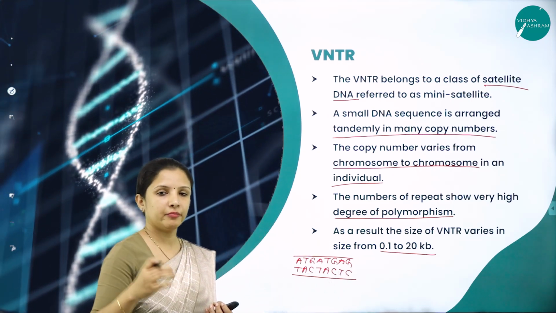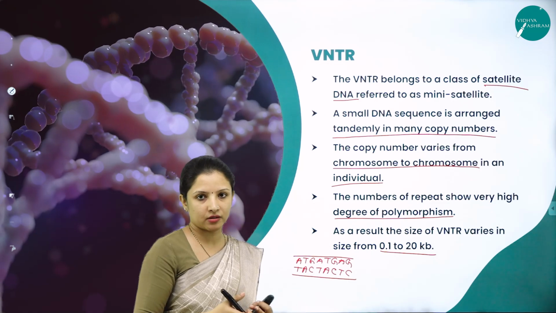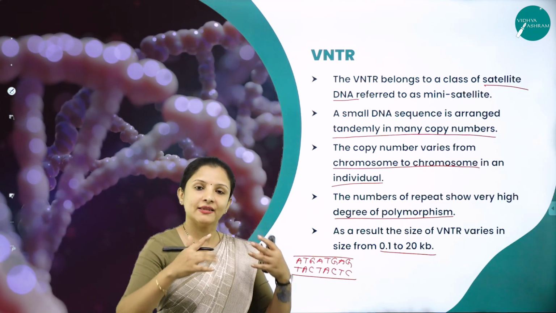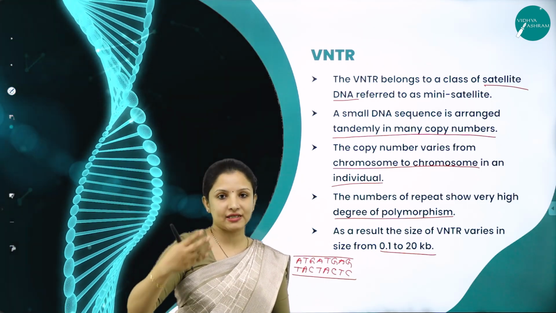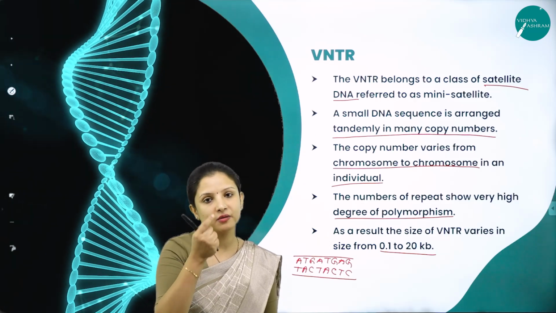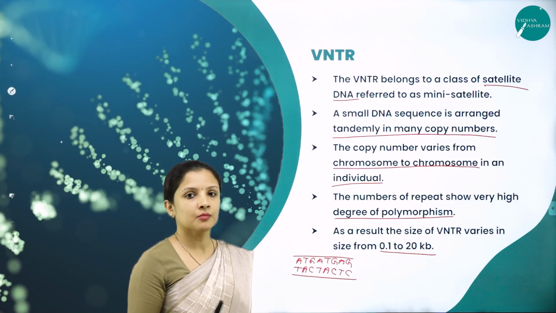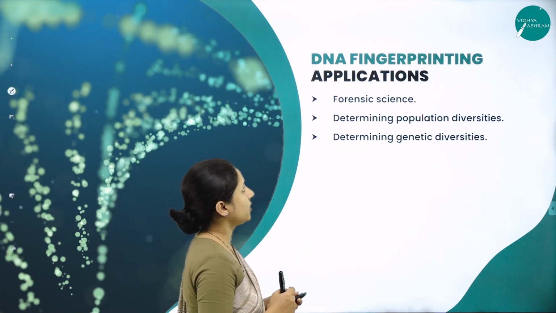When we send the complementary probe, it will go and bind there, because complementary strands bind. Such probes will be designed, n number of probes, and whichever is complementary will bind there, and therefore it will fluoresce or emit some radiation or color. That will be sequenced again, and then they will find out the number of repetitions that are there. So this is about VNTR.